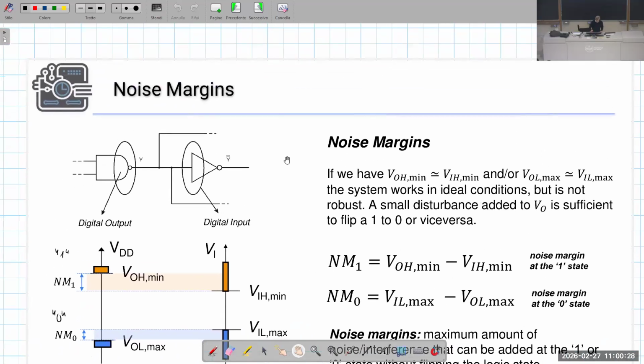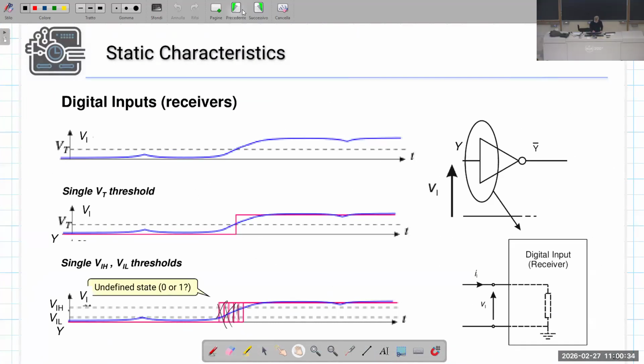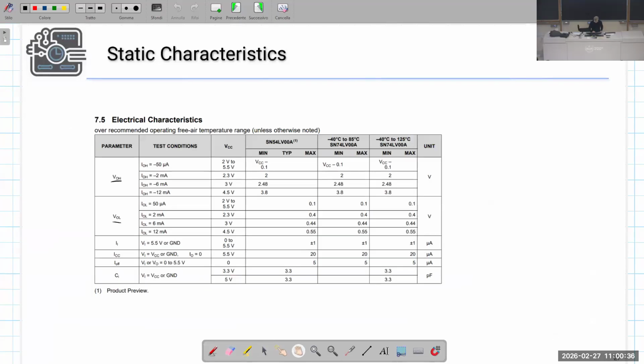Let's go back to our data sheet. Suppose that we have gates of this family.